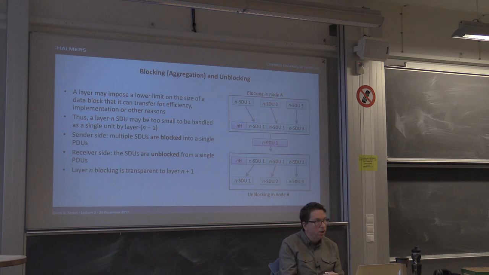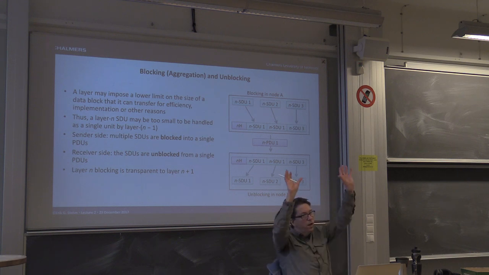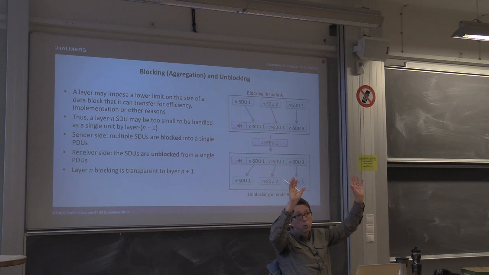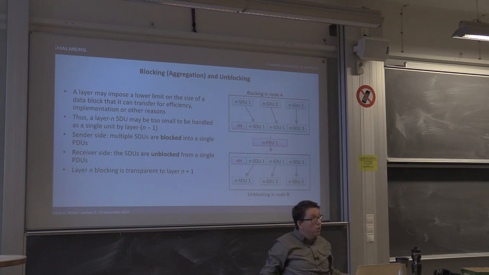So what do we do then? For instance, I promise the layer above me, I can transmit single bits for you, no problem, or I can transmit actually packets with 0 bits, if you like. I can do that for you, right? But the layer below me says, no way I'm going to transmit single bits. I can only transmit 8 bits at a time. 8 bits is my limit, okay?